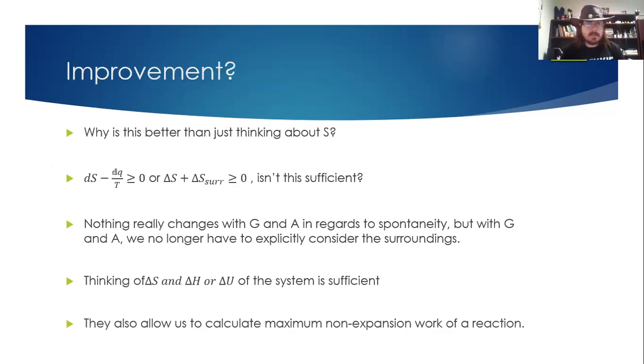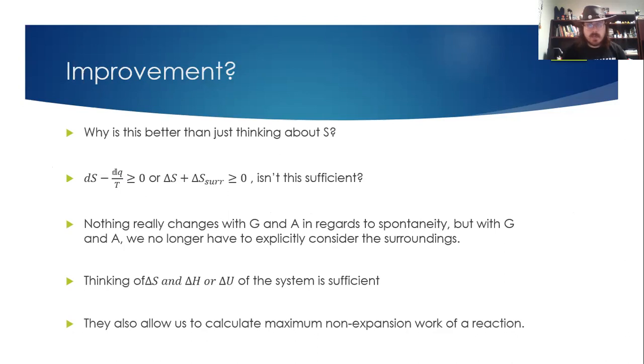Now, why is this simpler than just thinking about entropy? Well, look at this equation. We have delta S minus delta Q over T. It's greater than or equal to 0, otherwise known as delta S plus delta S surroundings. Isn't this sufficient? Well, nothing really changes when we look at G and A in regards to spontaneity.